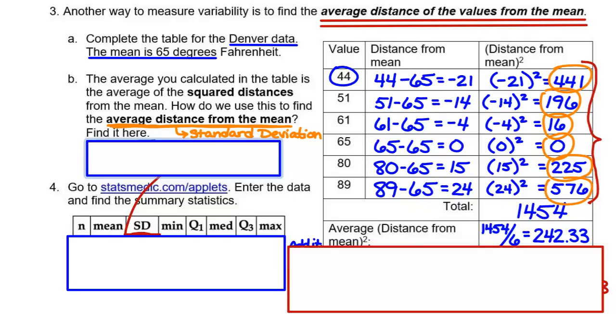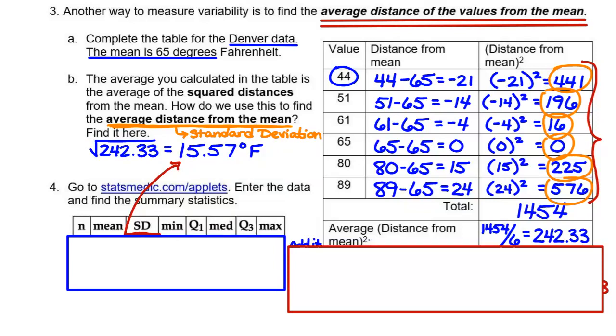Yep, square root 242.33. What do you get? 15.57. We're writing that down right over here. This is the average distance from the mean.